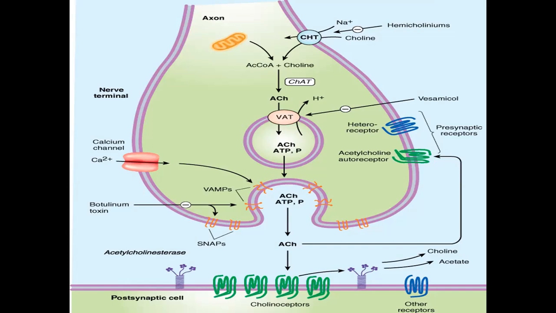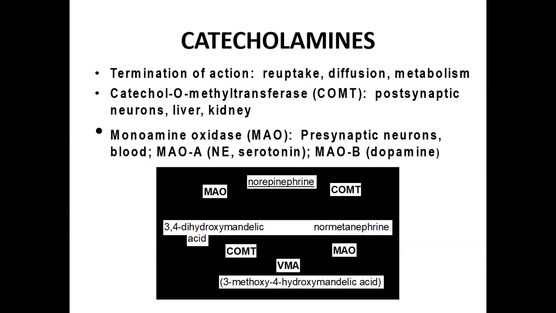Now, when you look at the catecholamines, norepinephrine, epinephrine and dopamine, the termination of action is mainly by the reuptake mechanism through diffusion as well as by metabolism. These are metabolized rapidly by COMT, catechol-O-methyltransferase, in the postsynaptic neurons, the liver and the kidney.